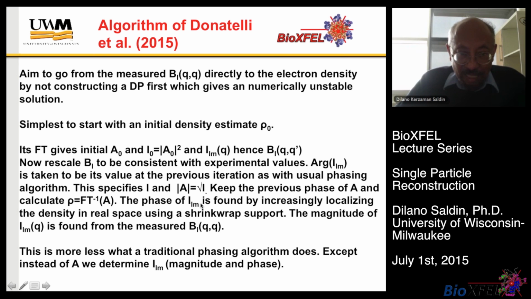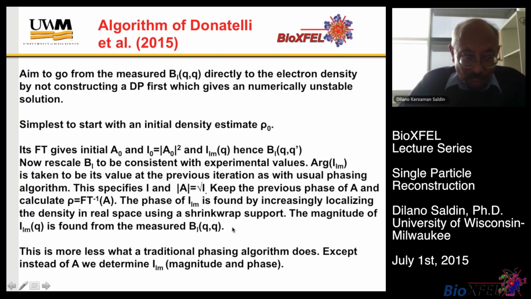The electron density is then constrained by some kind of real space constraint, for instance, shrink wrap, and then you go back to this stage. So once you get an electron density, we can recalculate an amplitude, and we can go back to this step and repeat the process.